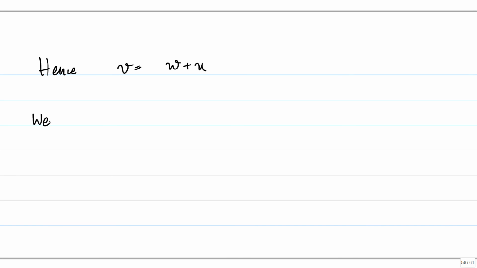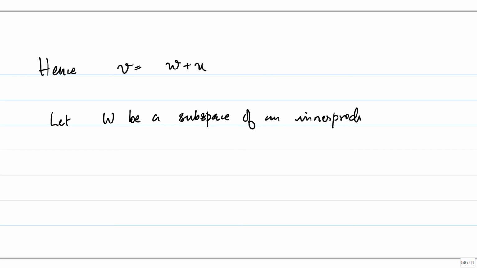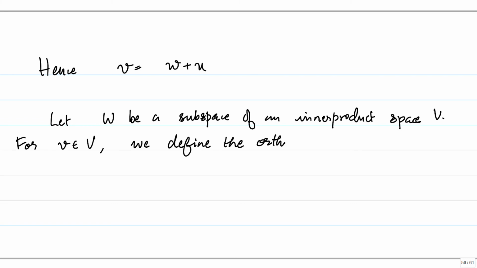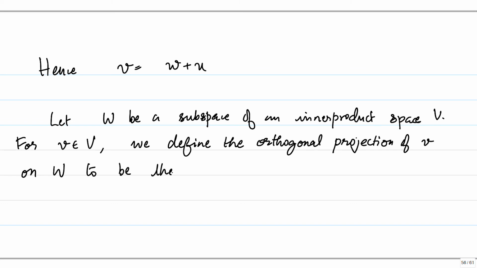So, definition: let W be a subspace of an inner product space V. For a vector v in capital V, we define the orthogonal projection of small v onto W to be the vector small w above.